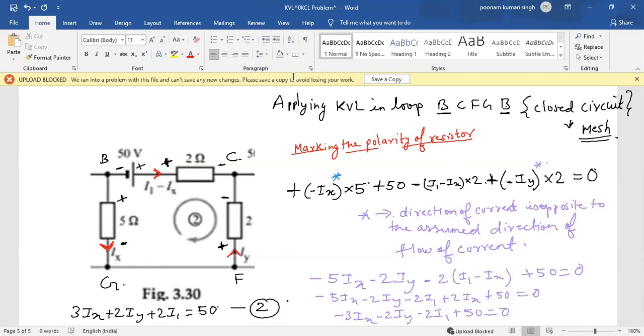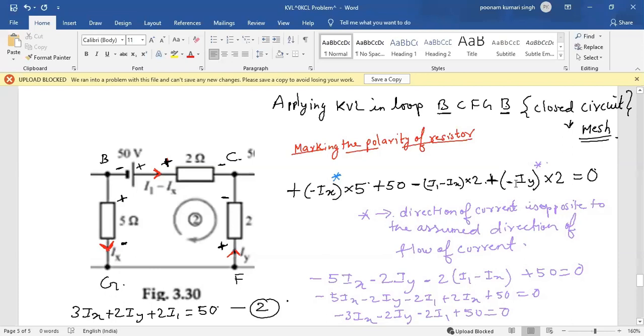Tell me. Sign for 2 ohm resistance. Yes, can you say again? No, sir, sign for this one. So why do we have this minus I, is that what you are saying? Be clear, speak loudly. You want to know why this minus I?